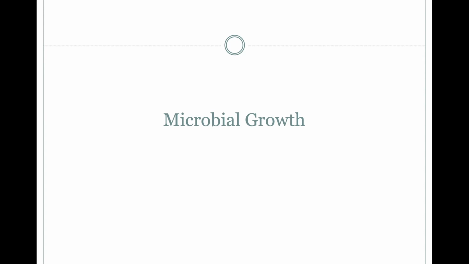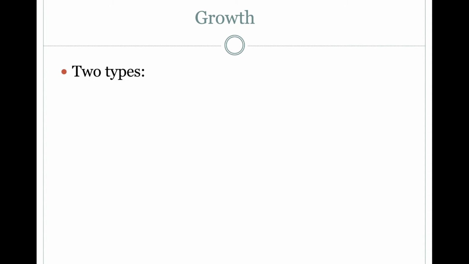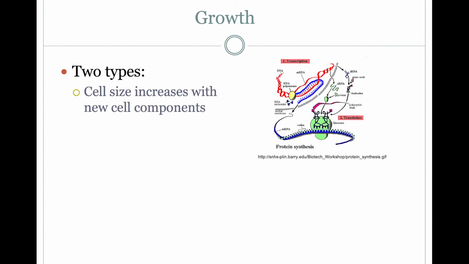And then this last section is microbial growth. So for microbial growth, we are discussing two different types when talking about growth. In fact, the first one is something that we'll discuss a lot more in Chapter 7 on metabolism, which is looking at individual cells and how they grow and expand before the process of cell division.